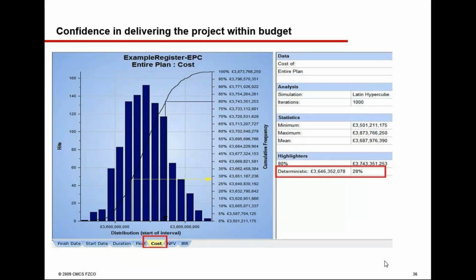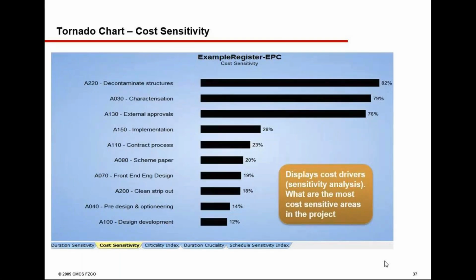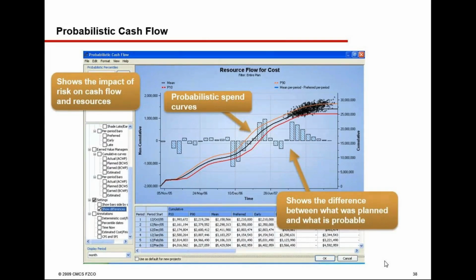Same way, instead of duration, we can do it for cost also, and we'll be able to find out the optimistic, pessimistic, and most likely chances of completing the project on so and so cost. Once again, the top 10 drivers in terms of cost, and you can also get to know the probabilistic cash flow, and it helps you in identifying the difference between what is planned and what is probable.